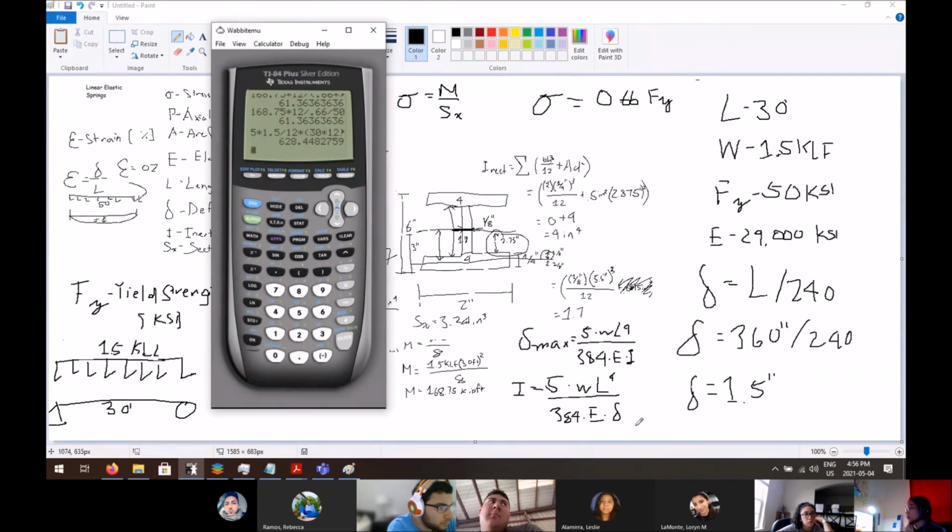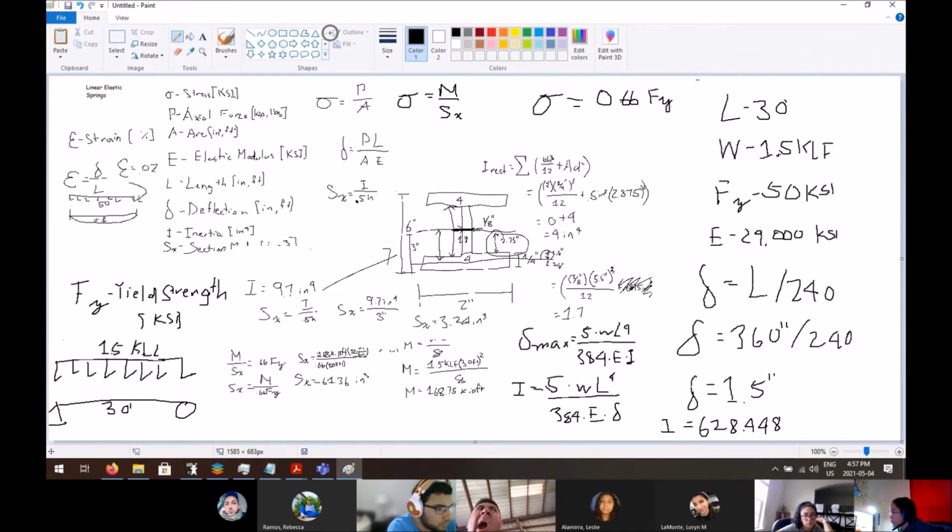I did. So your inertia is equal to 628.44. Right. So remember that you calculate inertia from the shape of the cross section of your beam. So you have to find a beam in order to comply with all these values. You have to find a beam that has an inertia of this or higher, right?